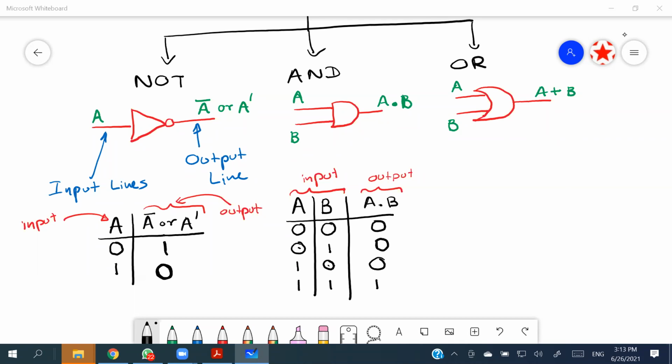So the inputs and combinations have a relationship of 2 to the power. The number of inputs taken as the power of 2 shows you how many combinations there are. For O levels, we go only for a maximum of 3 inputs, right?